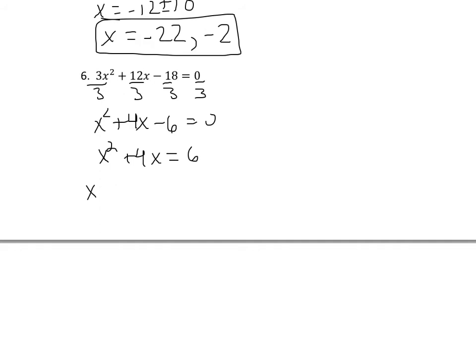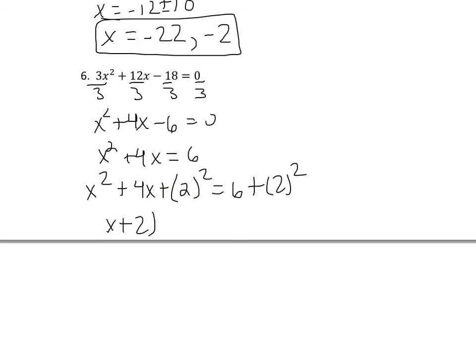Then you get x squared plus 4x plus 2 squared equals 6 plus 2 squared, because remember, 4 divided by 2 is 2, so b divided by 2 squared. And then that factors into the quantity x plus 2 squared equals 6 plus 4.